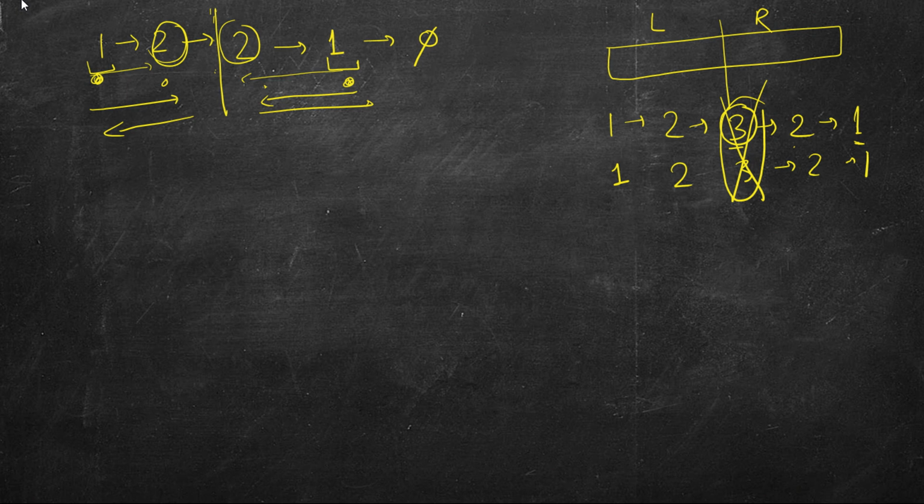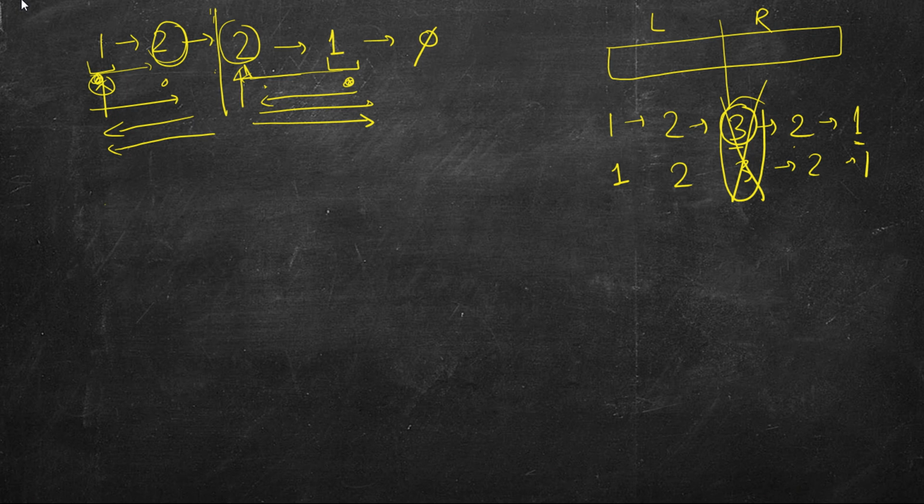If we have one pointer at the first element and one pointer at the first element of the second half, then we cannot compare. This comparison is not allowed. If we are moving from left to right in the right half, we have to move from right to left in the left half. So you can see an idea that we can reverse the first part.